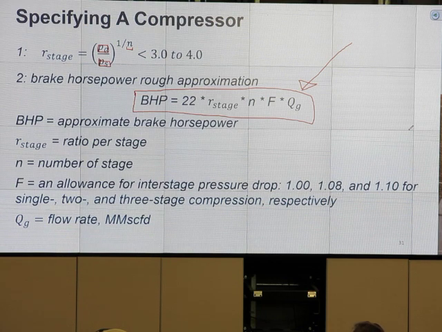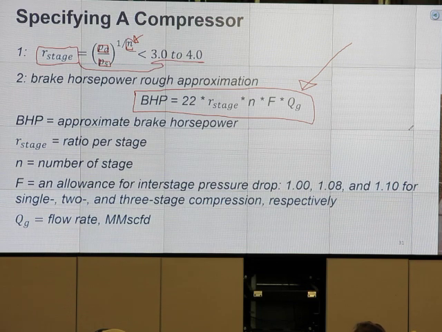It's not 5, it's too much, right? Whatever n that can make us per stage between 3 to 4, we select that n. Got it? Put n value until compression ratio per stage stays between 3 to 4.